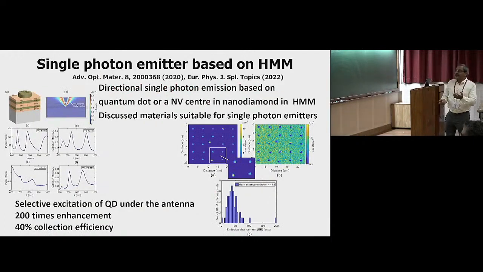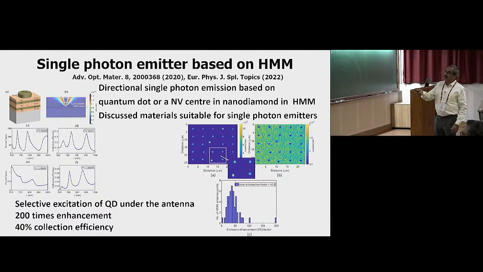Recently, we worked on single photon emitters. This is based on so-called hyperbolic metamaterials. This is a 5-layer structure made of TiO2 and silver, and a single quantum dot is placed inside the central region of the layer structure. There is a patch antenna designed to be resonant with the quantum dot emission.